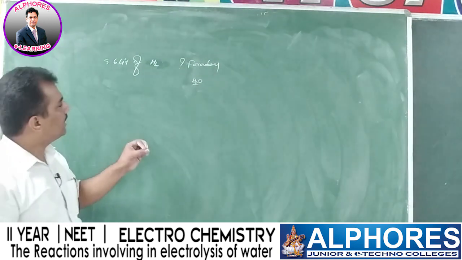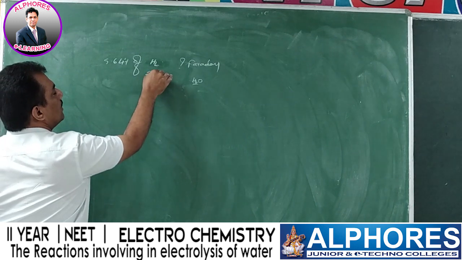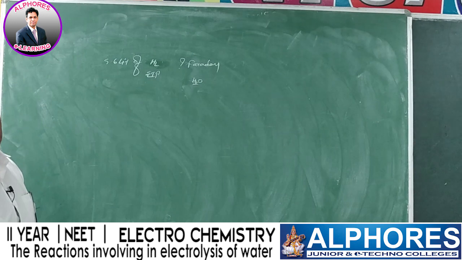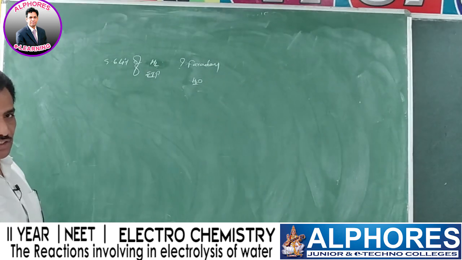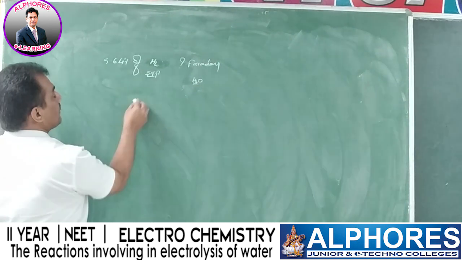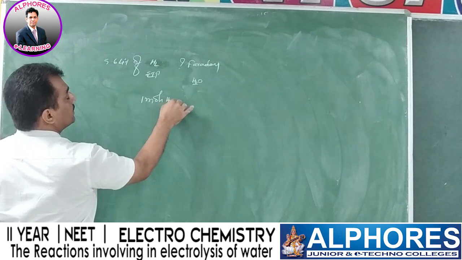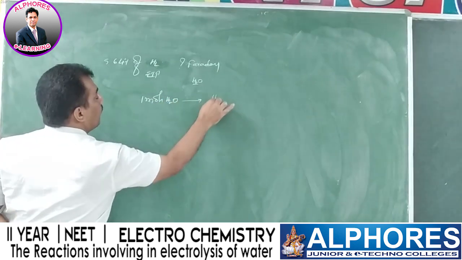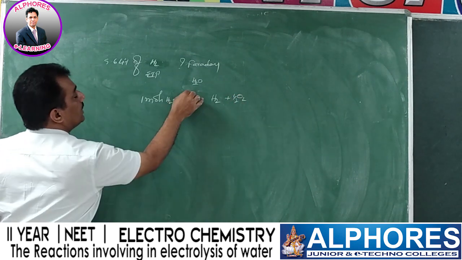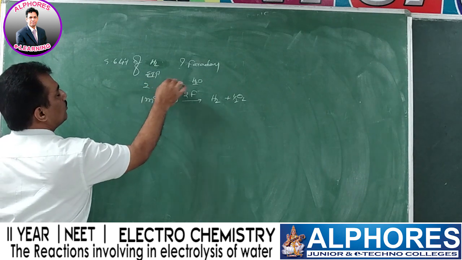Just think and solve. Here we can say that when 1 mole of water gives 1 mole of hydrogen and a half mole of oxygen, it requires 2 Faradays. It is nothing but again 2 moles require 4 Faradays, thereby 1 mole requires 2 Faradays. And now 1 mole of hydrogen means 22.4 liters of hydrogen at STP.